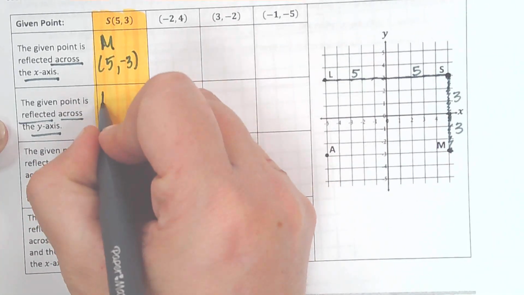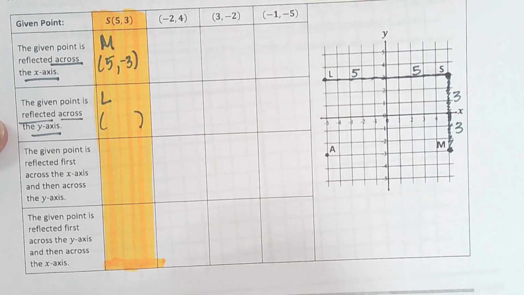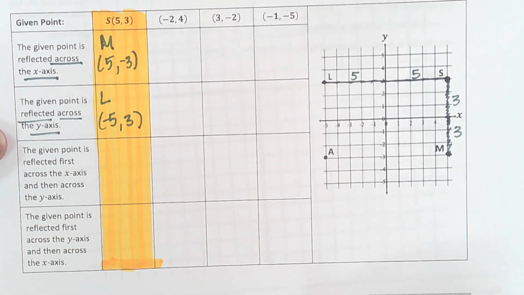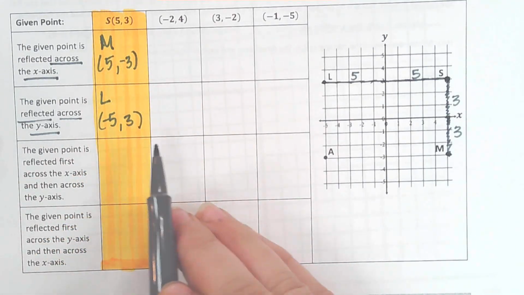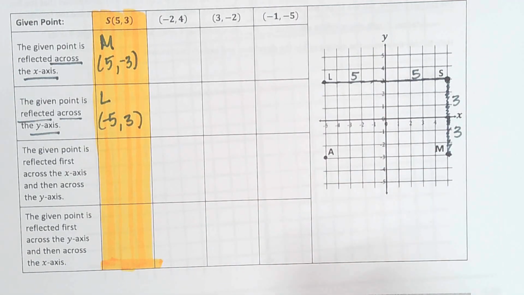L. And what is L going to be? Negative 5, 3. So it looks like we're going 5, 3, 5, 3, 5, 3, but our signs will differ, because it matters what quadrant we end up in.